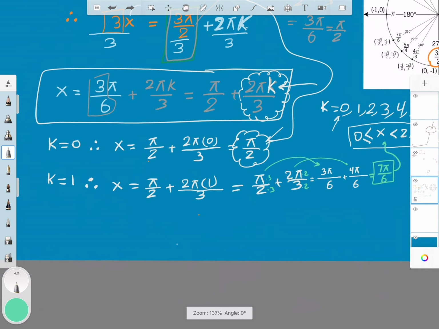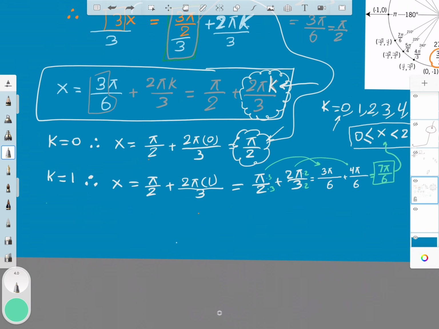Let's find the value for k equal to 2. X equal to pi half plus 2 pi times 2 over 3. This equal to pi half plus 4 pi over 3. Common denominator is 6. We get 3 pi plus 8 pi.